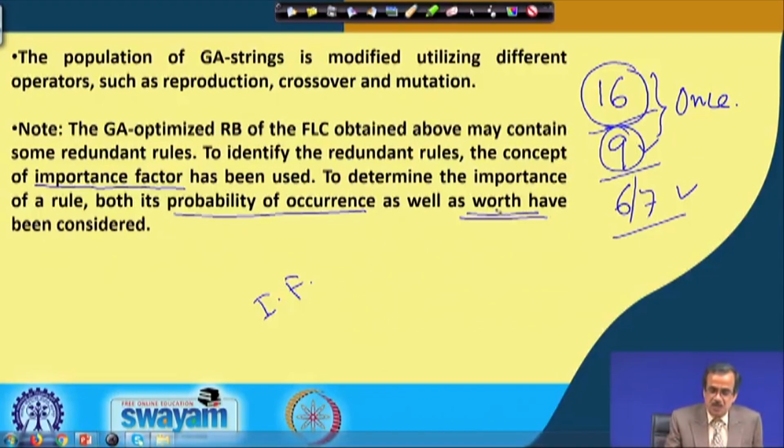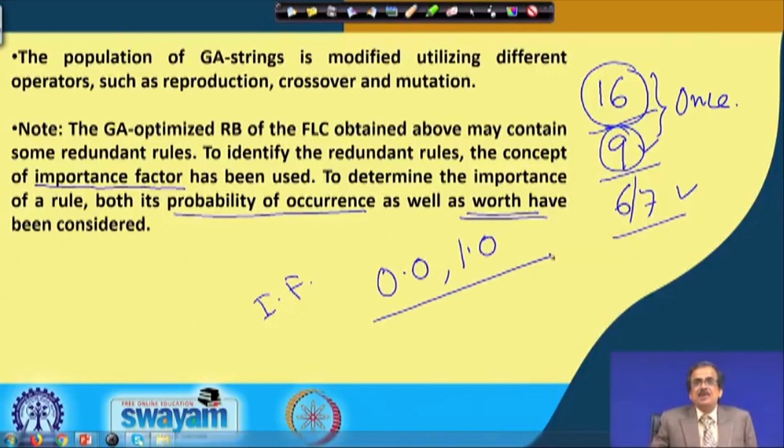Both the worth of a particular rule and the probability of occurrence lie between 0 and 1, and if you multiply them, I will get another value which once again lies between 0 and 1.